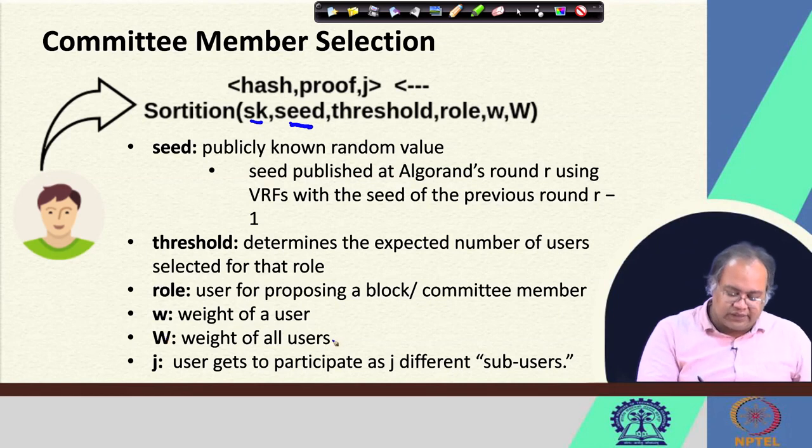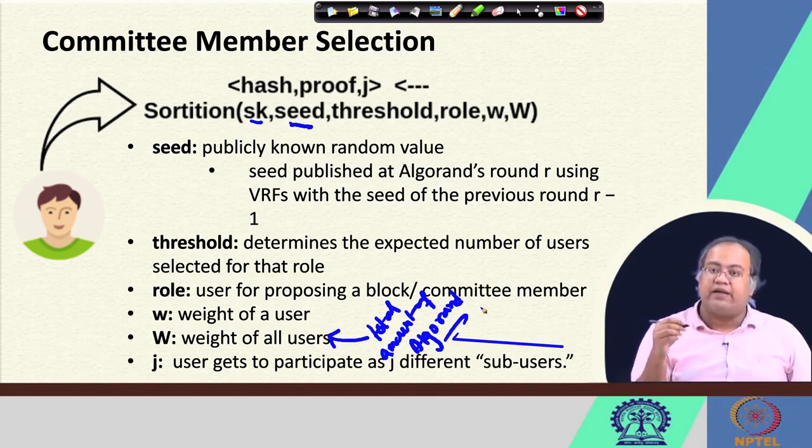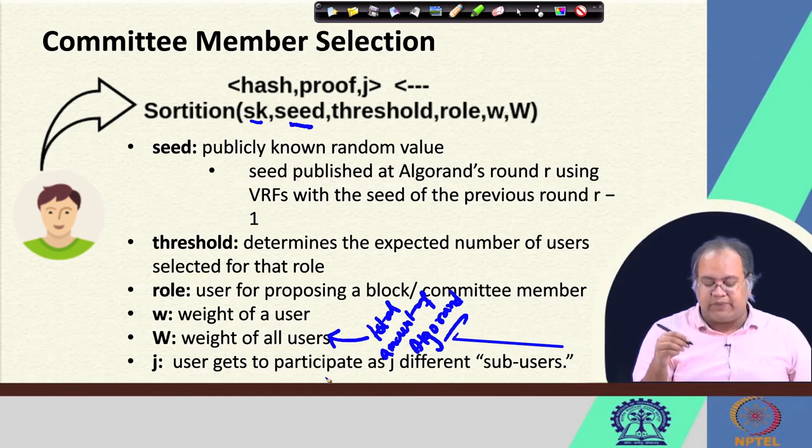The weight of all users is known, that is, the total amount of Algorand available in the system. And j is the number of sub-users of the user which get to participate as part of the committee.